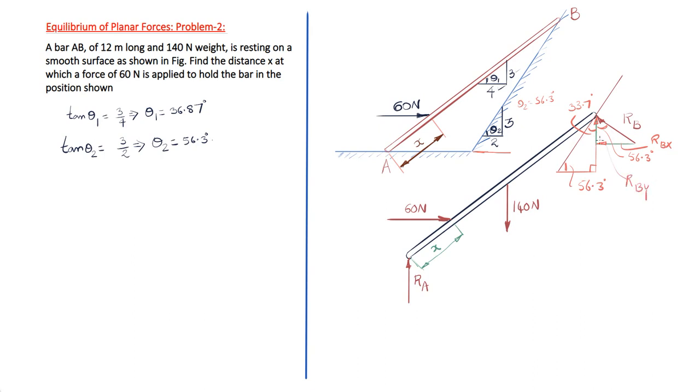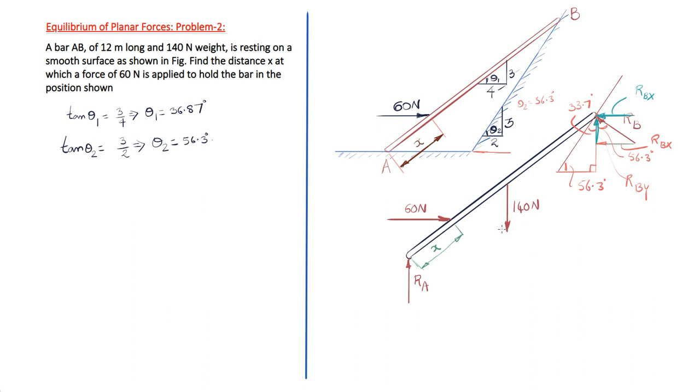We can take RBY here itself, but for RBX the convenient point of application is point B. So this is the horizontal component, acting like this, and this is RBX, whereas RBY is this one. So we have two components, RBX the horizontal component and RBY the vertical component.